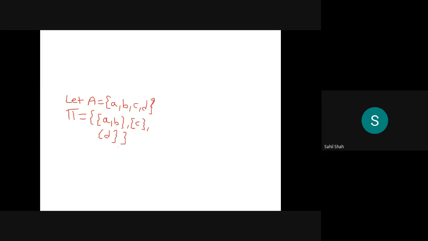This is a partition. Okay. What is asked further? The question is: find the equivalence relation induced by pi and construct the diagram. Okay. Can you define an equivalence relation which is induced by pi?